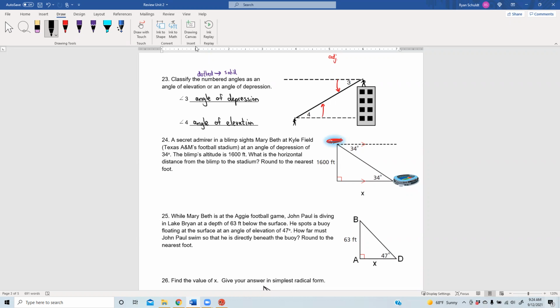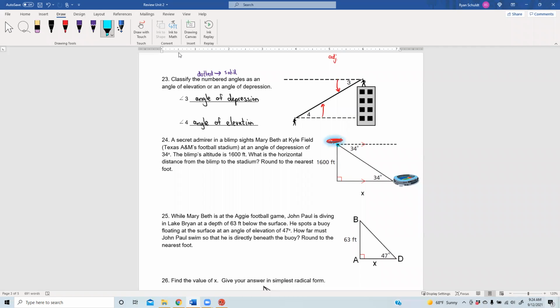Okay, so even though the picture doesn't look like it, a secret admirer in a blimp sights Mary Beth at Kyle Field, which is A&M's football stadium, at an angle of depression of 34 degrees. The blimp's altitude is 1,600 feet. What's the horizontal distance from the blimp to the stadium?